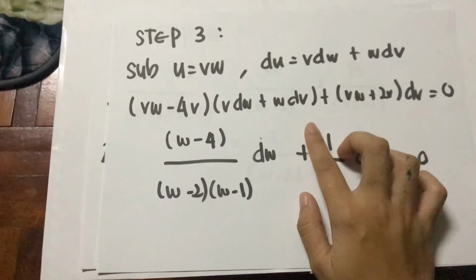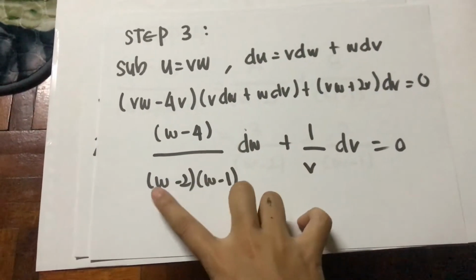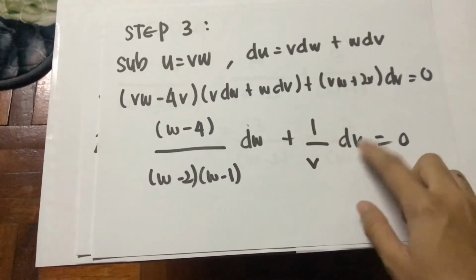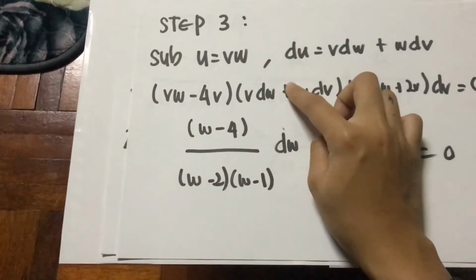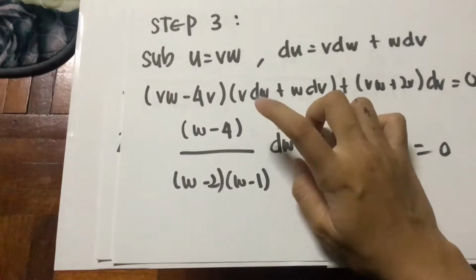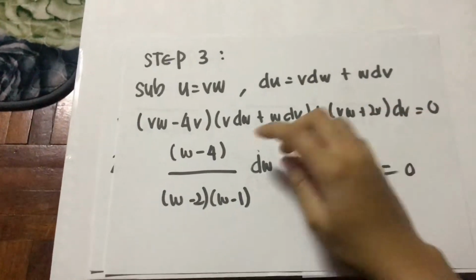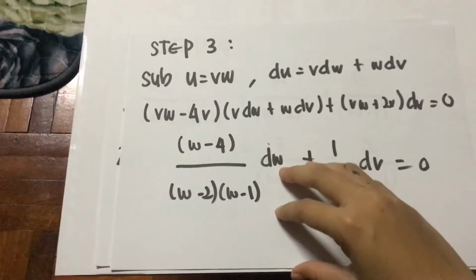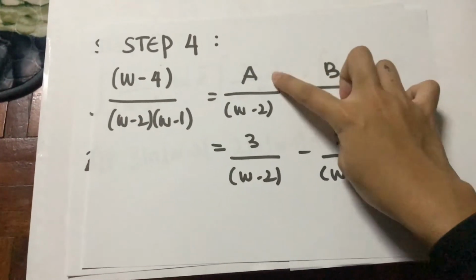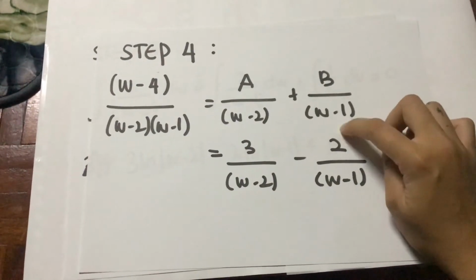After we substitute, we have found (w minus 4) over (w minus 2)(w minus 1) dw plus 1 over v dv. We see that in this form the denominator has a higher degree than the numerator. So we make partial fractions, which is A over w minus 2 plus B over w minus 1.